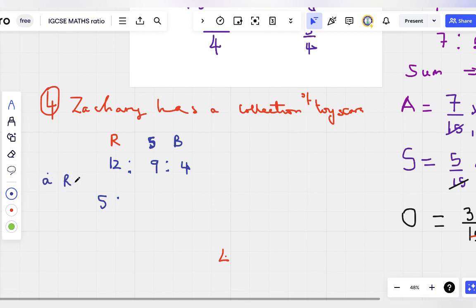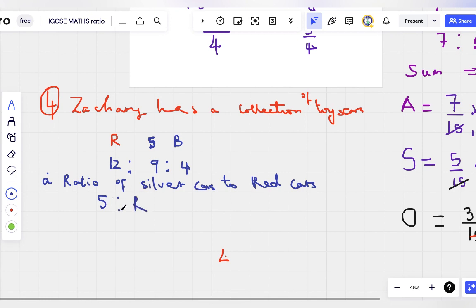the ratio of silver cars to red cars. Okay, so silver, we write silver to red.